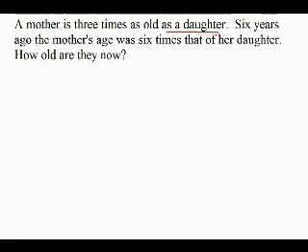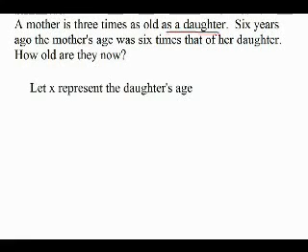So since it's the daughter's age that we would want to know first, that's the one we're going to assign the variable to. So we're going to say something like, let x represent the daughter's age. Well, the next question we ask ourselves is, what would be the easiest way then to calculate the mother's age? Well, we're told that the mother is 3 times as old as the daughter.